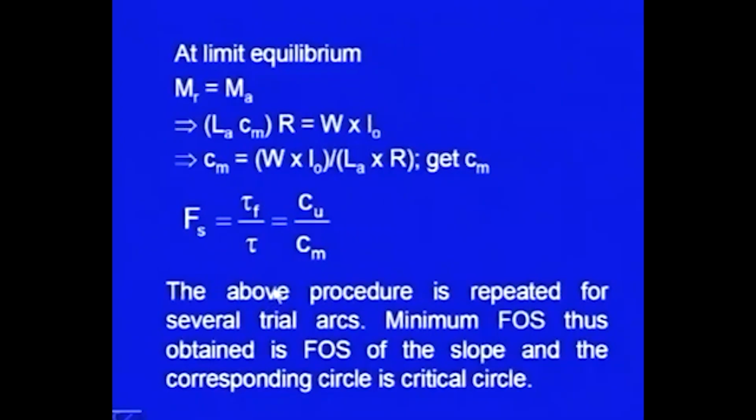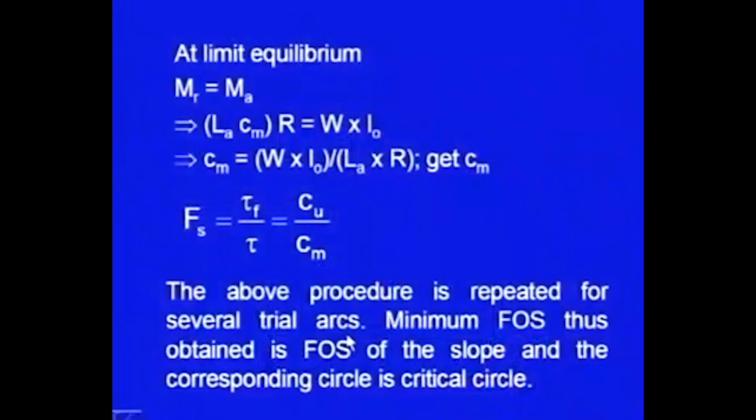This factor of safety we found for one trial circle. So, the above procedure is repeated for several trial arcs, several circles we have to assume theoretically, as it will be a very large number, and then we have to find that circle which gives us the minimum factor of safety, and that will be considered as the critical circle.